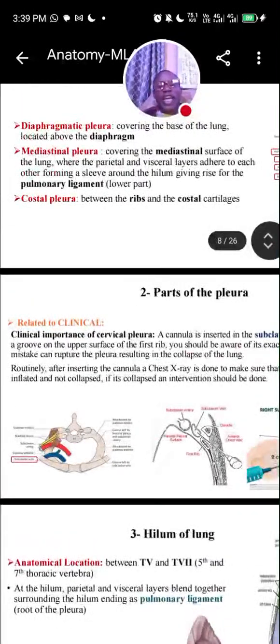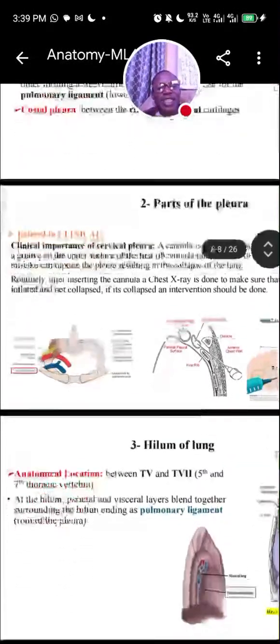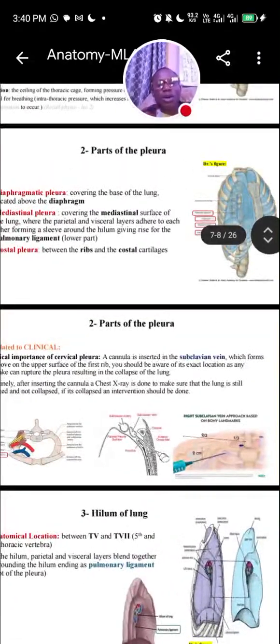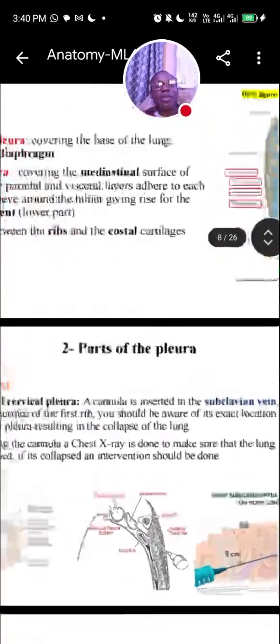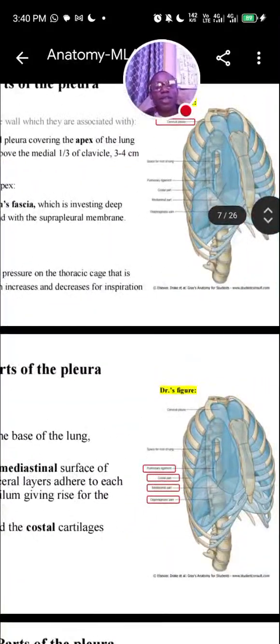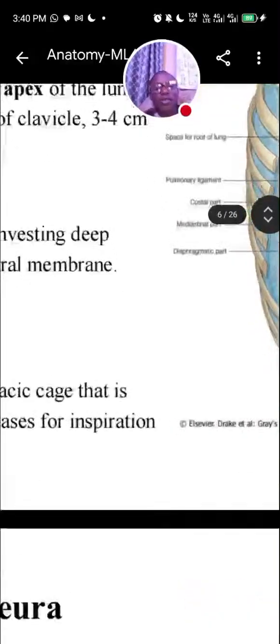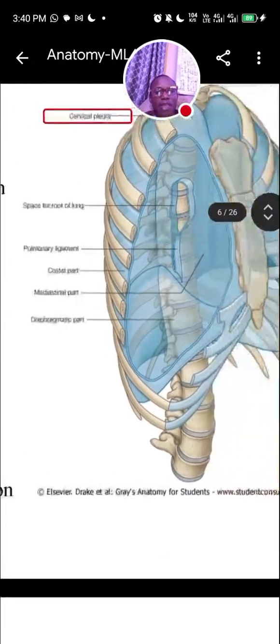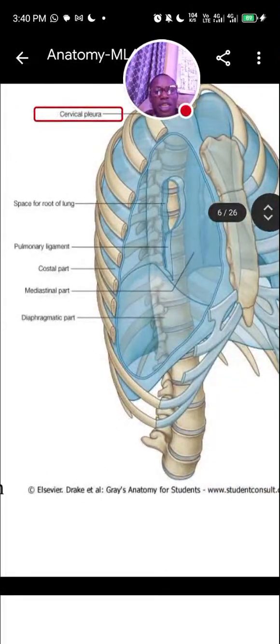Okay, I think this is a lovely diagram. This diagram is going to help us. Let's look at the diagram a little. Space for the roots of the lungs. Pulmonary ligament. See the pulmonary ligament we talked about? Mediastinal part.